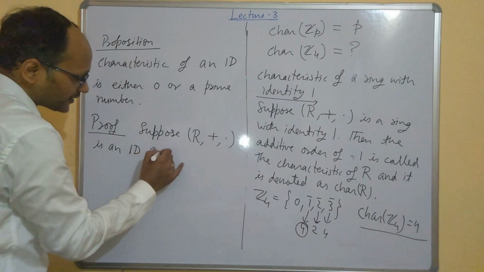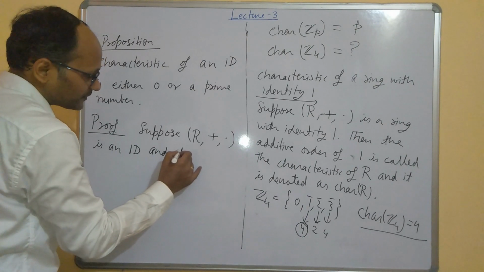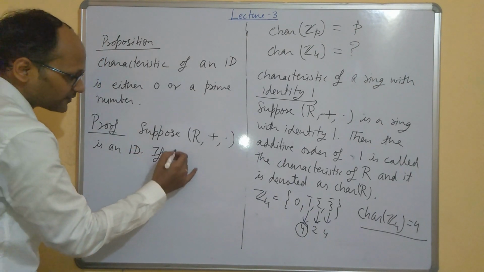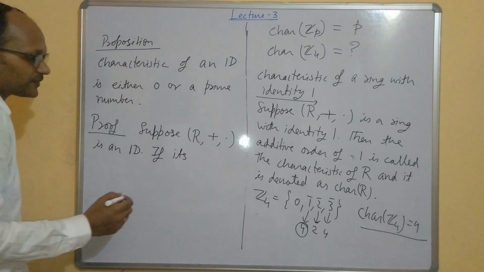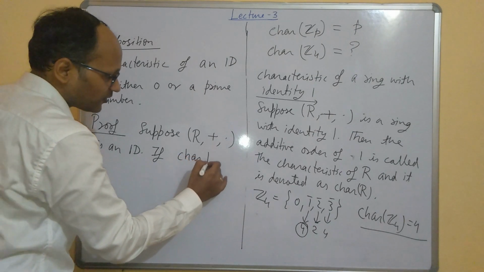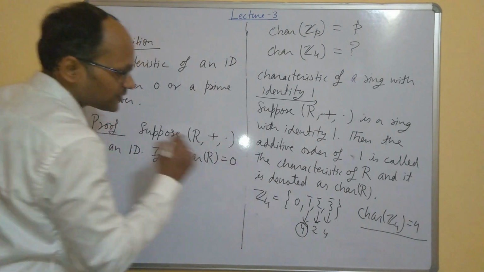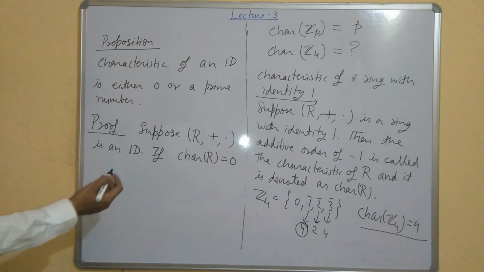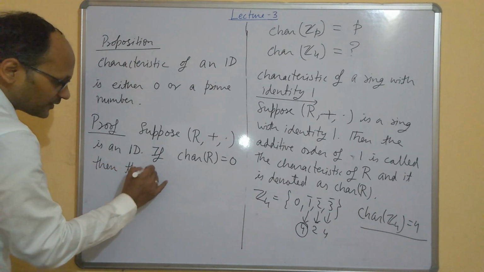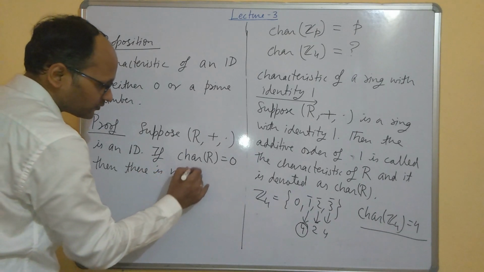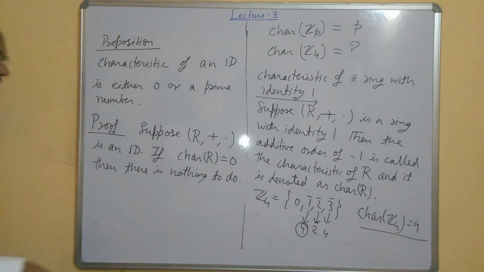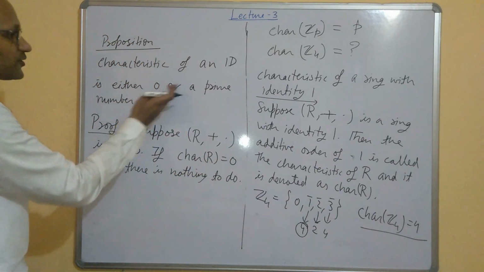If the characteristic of R is equal to 0, then there is nothing to do, because we have to prove that it is either 0 or prime.